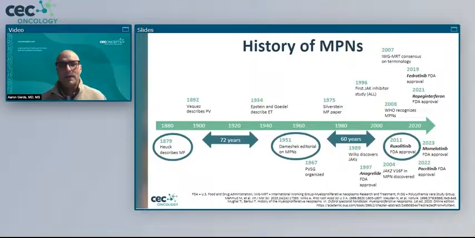And it was not until 2004 when JAK2 mutations were discovered in MPNs. And then 60 years after Dameshek's editorial, ruxolitinib, the first JAK inhibitor for the treatment of MPNs, was finally FDA approved. And we can see subsequent to this just this explosion of activity in the field. But really a couple of watershed moments centering around first Dameshek's editorial and then the discovery of recurrent JAK2 mutations.